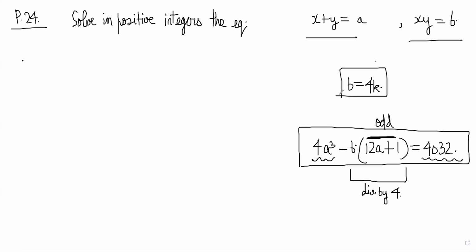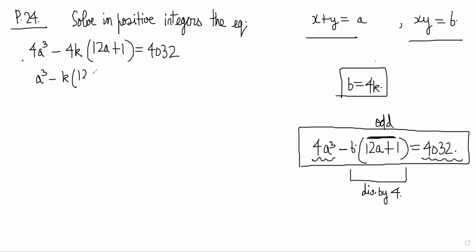And b is equal to 4k. If you put 4k for b, then 4a cube minus 4k(12a plus 1) is equal to 4032, right? So 4 can get cancelled and you get a cube minus k(12a plus 1) is equal to 1008. And we can actually solve for k here.